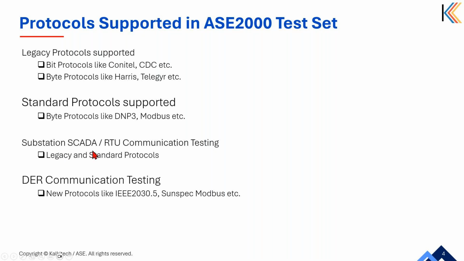In general, we support substation SCADA and RTU communication testing, and we can do this with both legacy and standard protocols. And recently we added several DER-based protocols into ASE2000, like IEEE 2030.5 and SunSpec Modbus, as part of the test set.